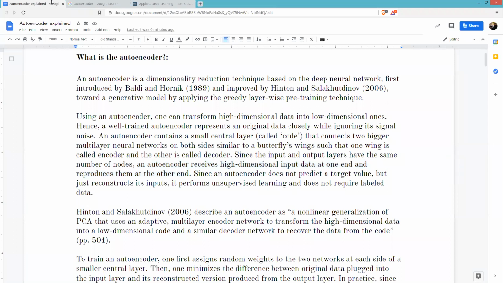Hinton and Salakhutdinov describe an autoencoder as a nonlinear generalization of principal component analysis that uses an adaptive multi-layer encoder network to transform high-dimensional data into a low-dimensional code and a similar decoder network to recover the data from the code.